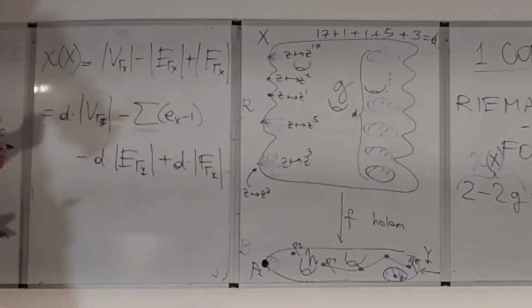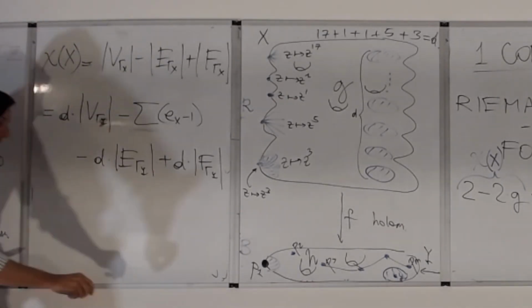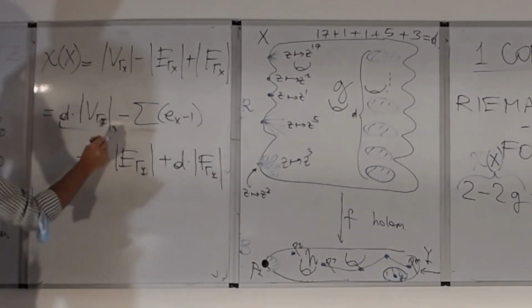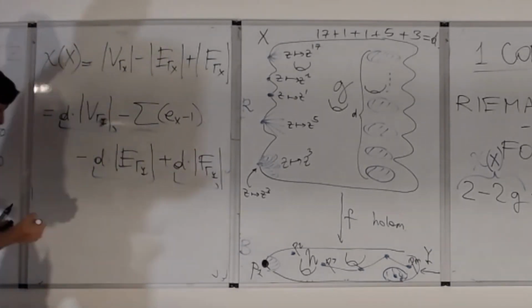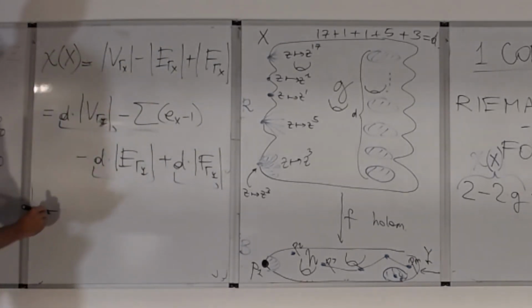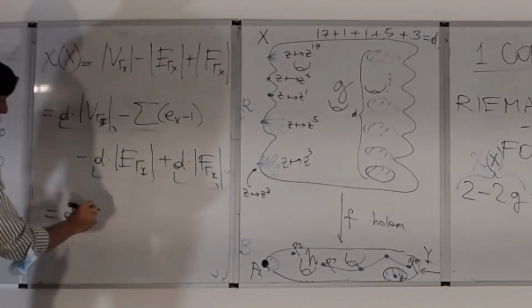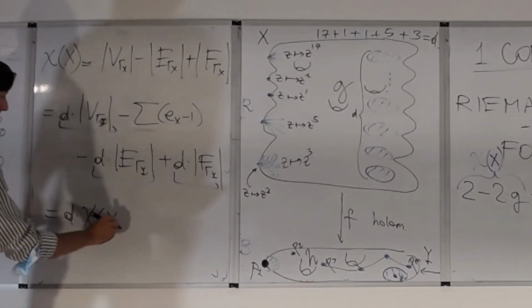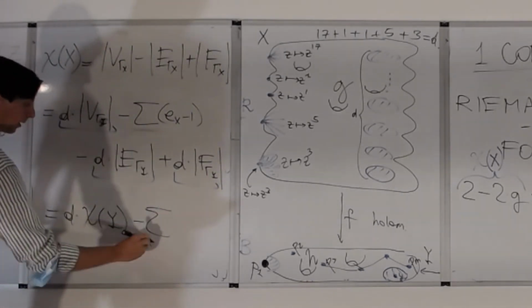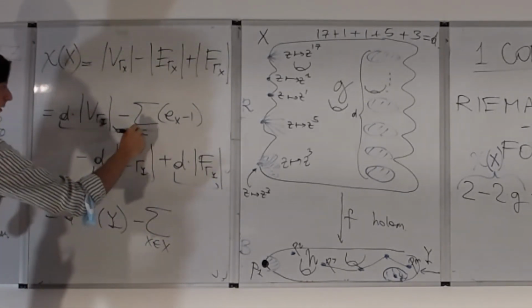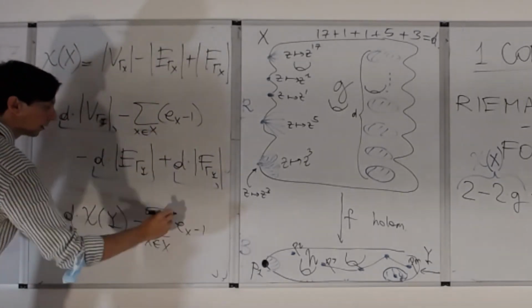So now you can repack this and this together, and you will get d times the Euler characteristic of your Y minus the defect of X. So that's proved.